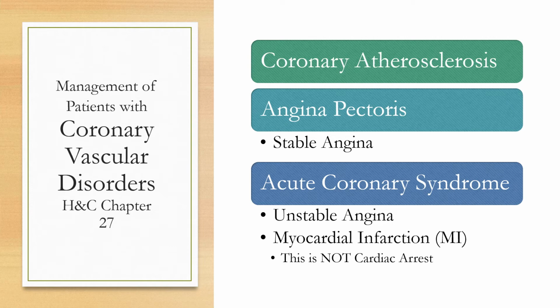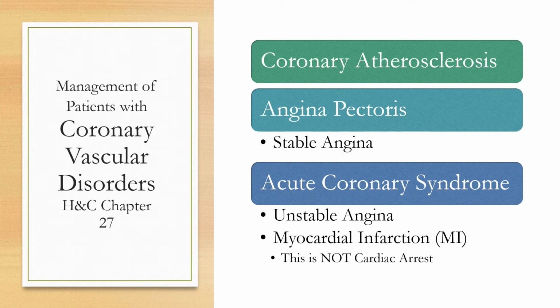So we want to know if there are significant blockages of the coronary arteries that are causing this person's chest pain or shortness of breath, right? Coronary atherosclerosis is by far the most common problem that we're going to be talking about in the coronary arteries.